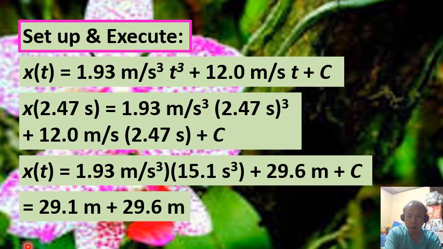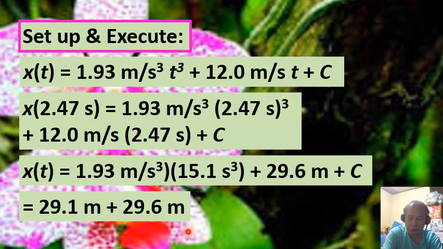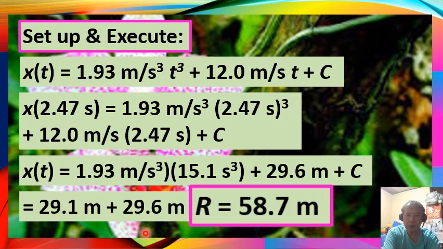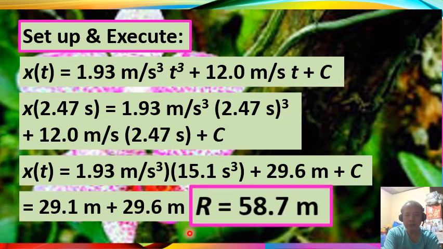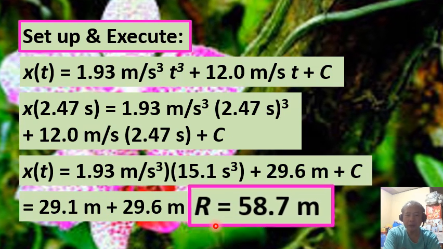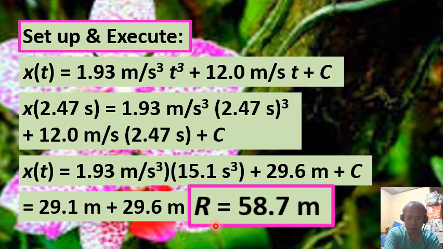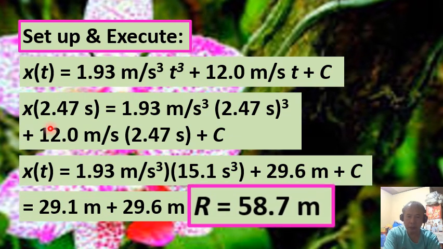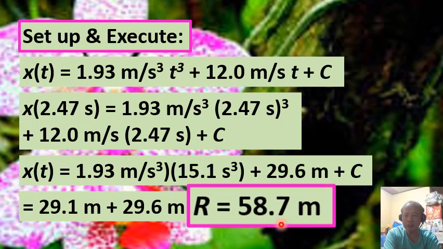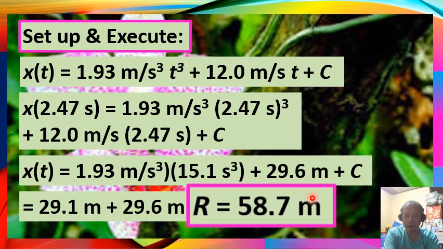That will be equal to 29.1 meters plus 29.6 meters, which of course gives us the value of x, or the horizontal distance traveled by the toy rocket in a time of 2.47 seconds, equal to 58.7 meters in three significant figures.